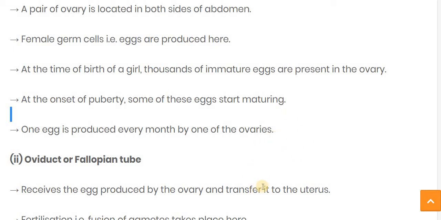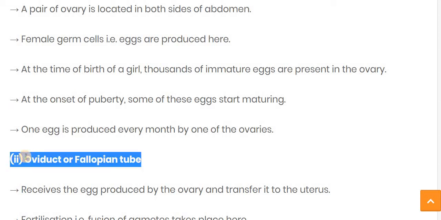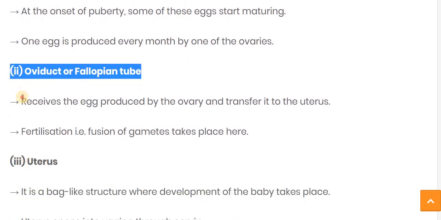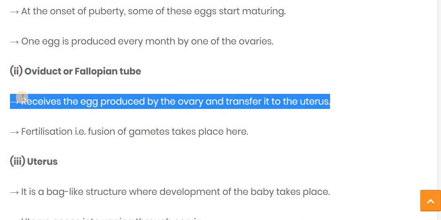Another function of the ovary is that it produces the sex hormones called progesterone and testosterone, which help bring about changes during puberty. The next one is the oviduct or fallopian tube. This receives the egg produced by the ovary and transfers it to the uterus.